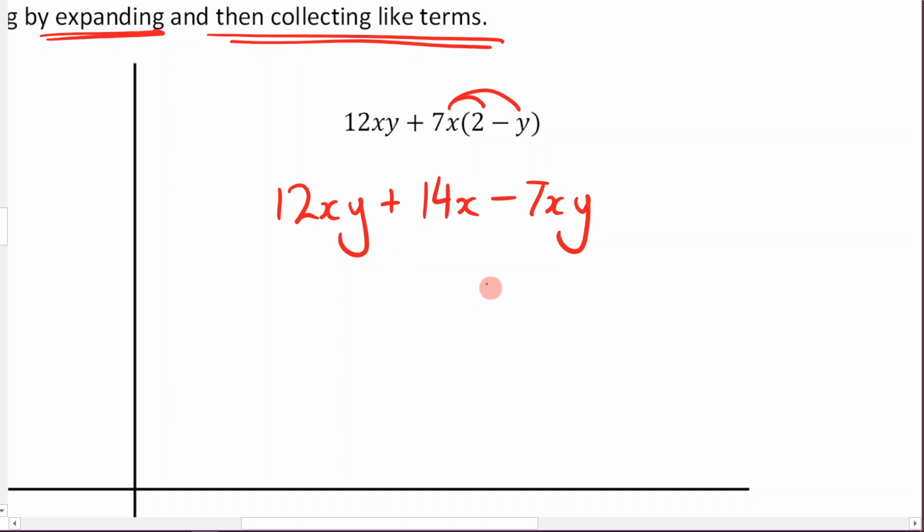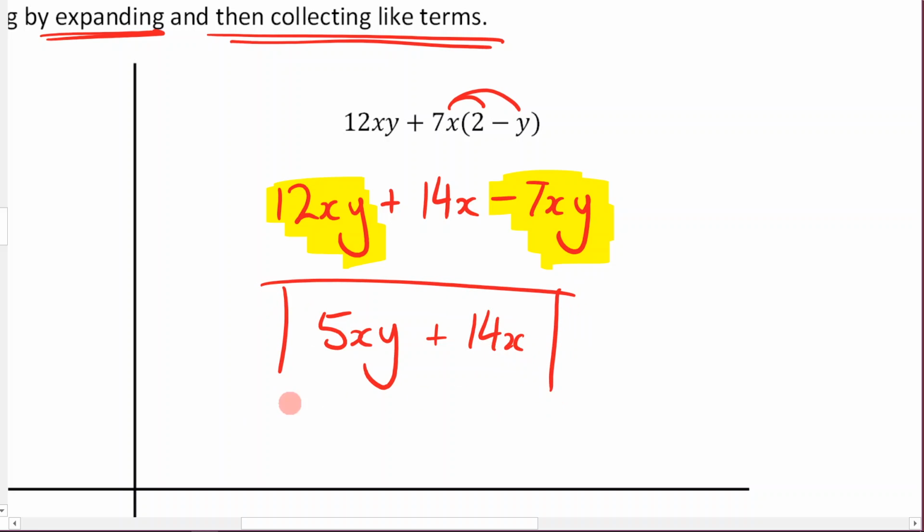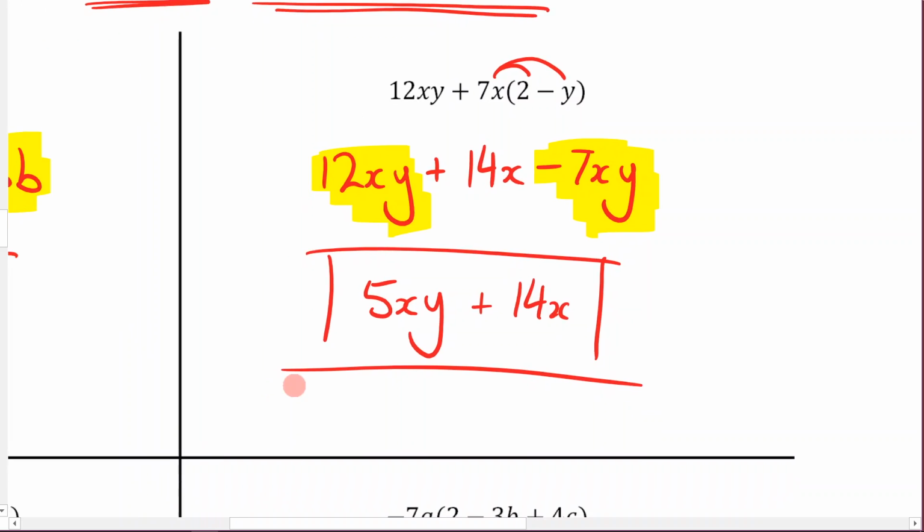Now, do I have any like terms here? I absolutely do. I have 12xy minus 7xy. So that's going to be 5xy. 5xy plus 14x. That's going to be my answer.